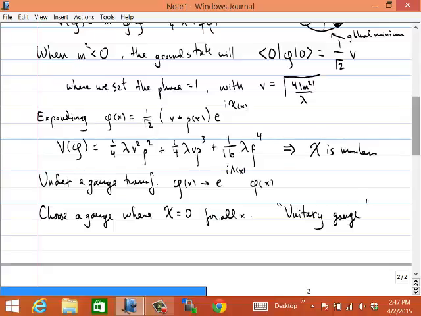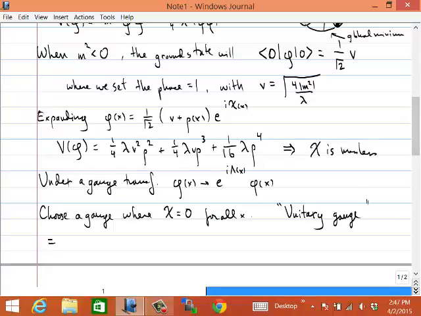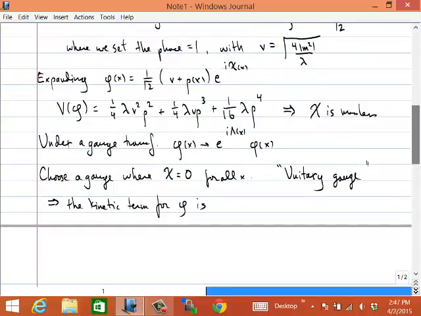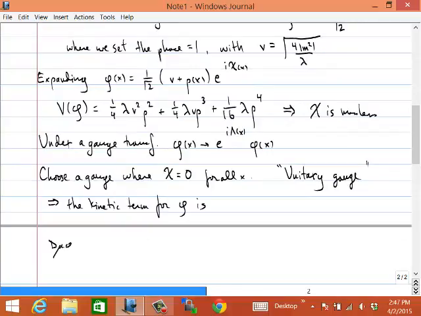In order to understand where that degree of freedom goes, let's just investigate the kinetic term in a little bit more detail. So in this unitary gauge, the kinetic term for phi, well, what is that? That's D mu phi bar times D mu phi. So just plugging in the definition of D mu phi.